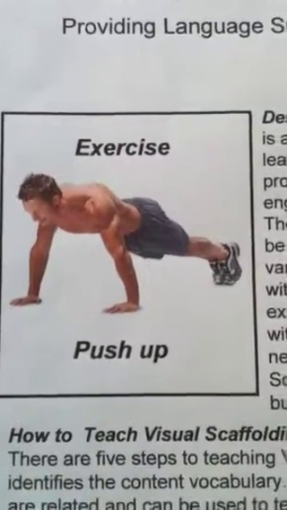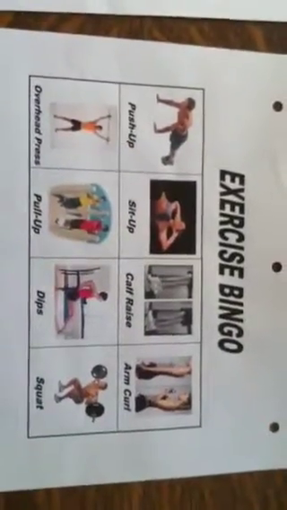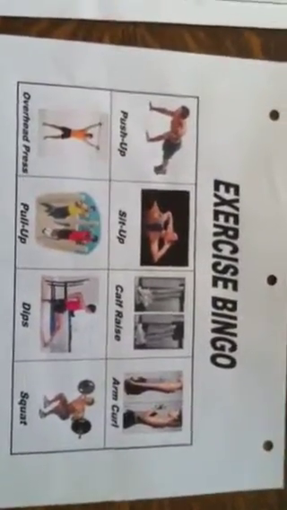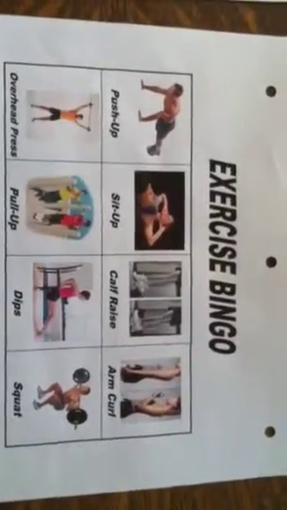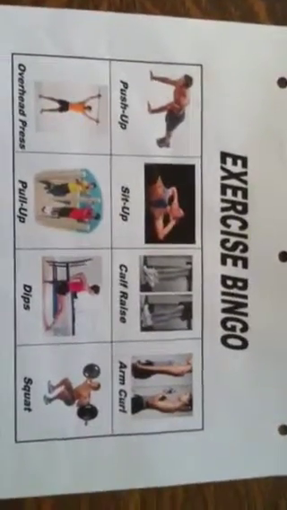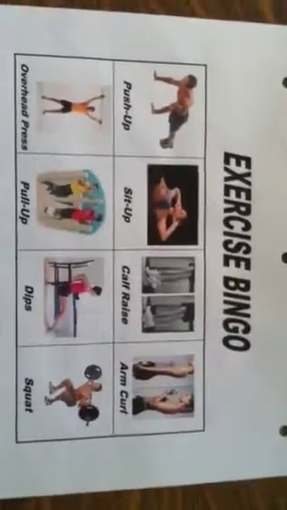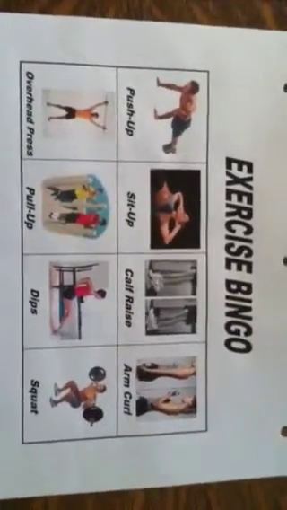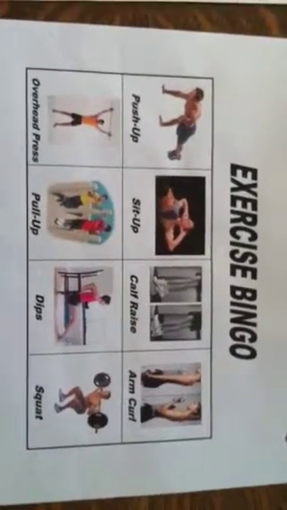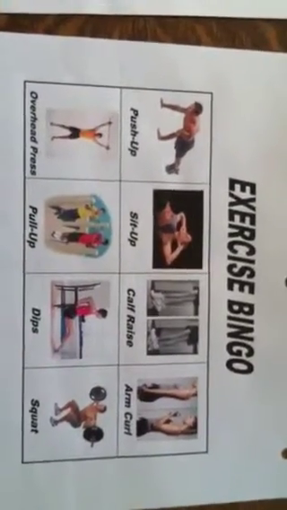The actual bingo card will consist of the exercises, and then the students will be shown the muscles, and they will have to work in partners to relate which muscles go with what exercises on the card.